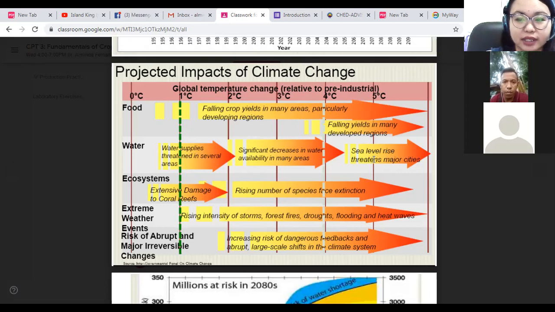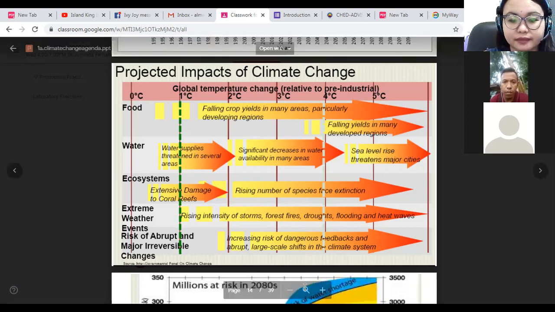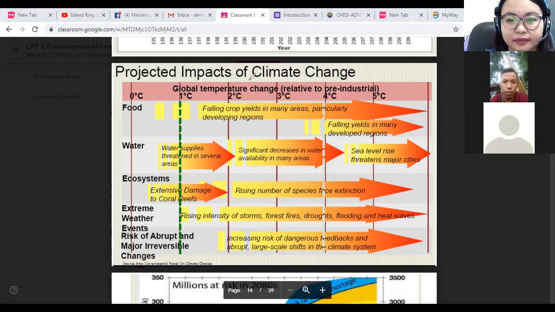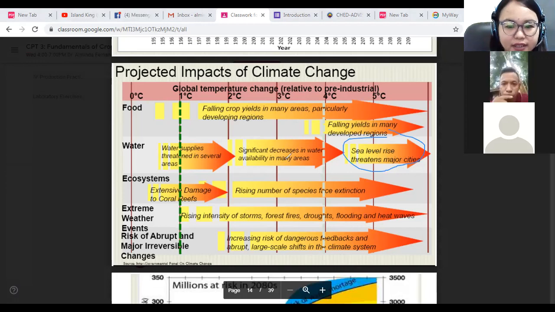Can you see the screen? Yes, there is a decrease in the water supply, but there is a rise in sea level. How come?